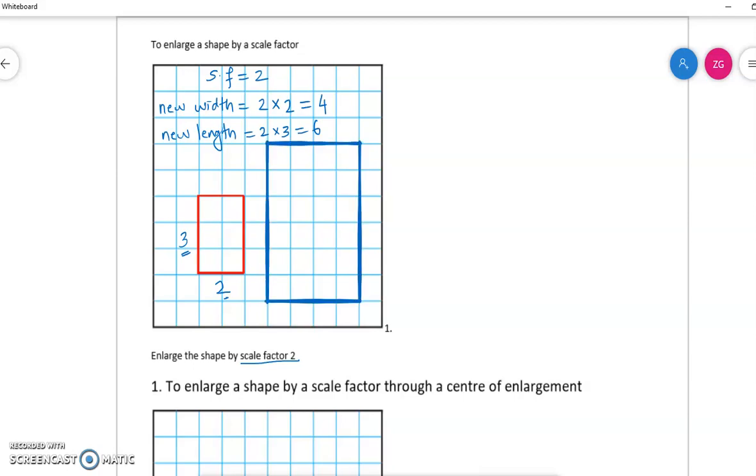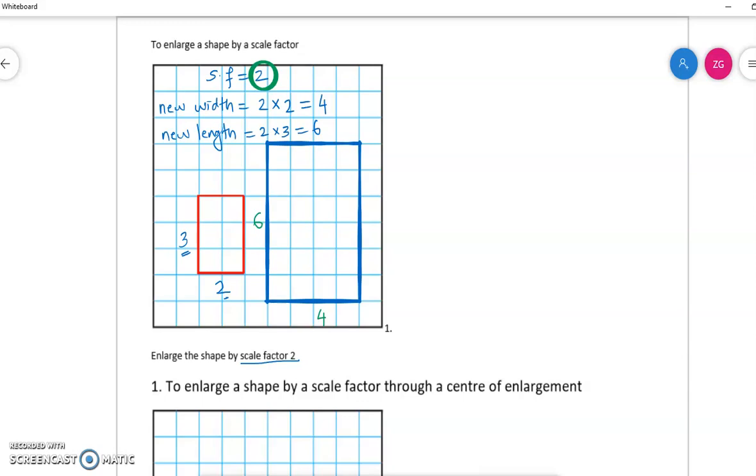We can see that the width of the pre-image was 2 and the width of the image became 2 times that because the scale factor is 2. It multiplied by 2 and my new width is 4. The original length was 3, the scale factor is 2, so 3 times 2, and the new length is 6. This is how the scale factor affects my pre-image to image.